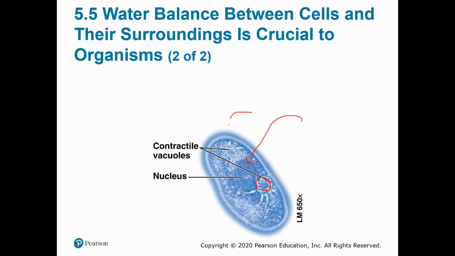The water is going into the cell because there's more crud inside than there is on the outside. So this little vacuole is going to be expelling water the entire time. And if we give a drug to this poor little paramecium that paralyzes this vacuole, it'll blow up. It's very sad.